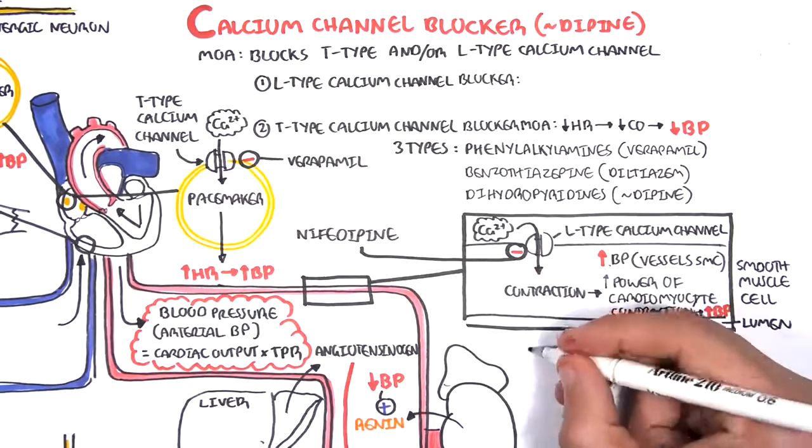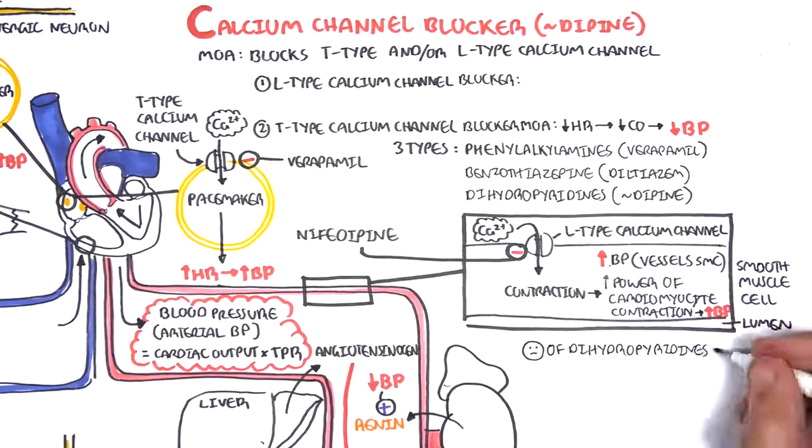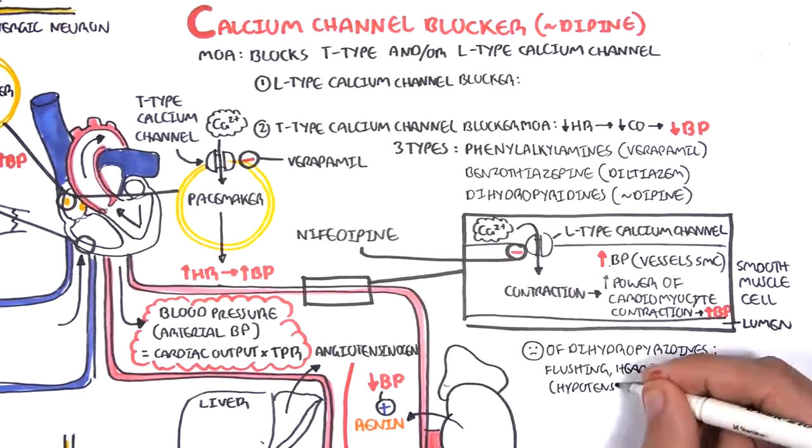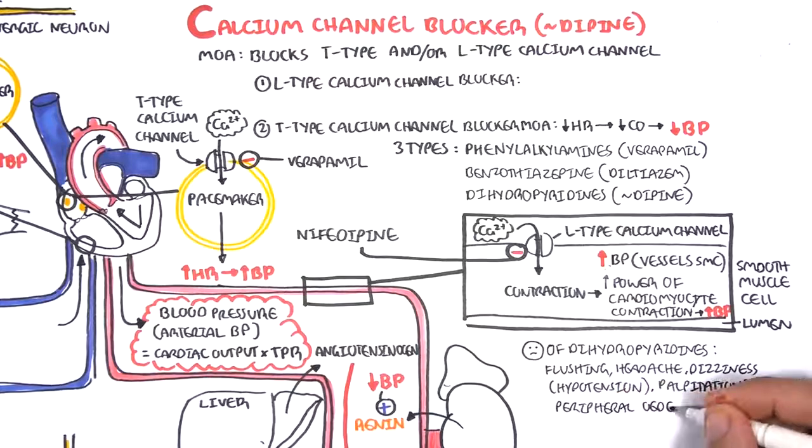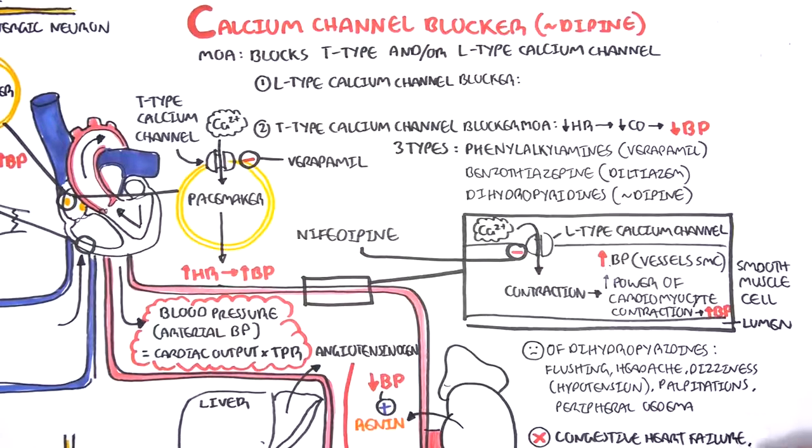Side effects of the dihydropyridines, like a lot of antihypertensives, are flushing, headache, dizziness from hypotension, palpitations, and peripheral edema. Contraindications of calcium channel blockers are congestive heart failure, heart block, hypotension, and ventricular tachycardia.